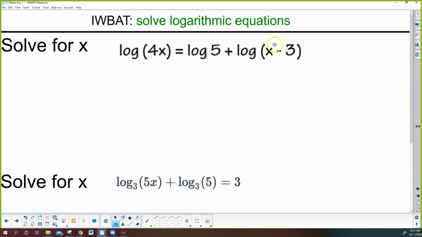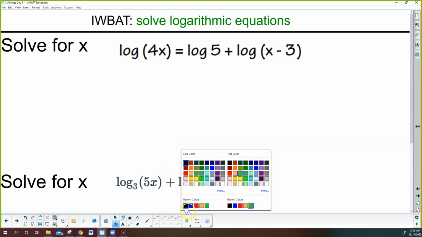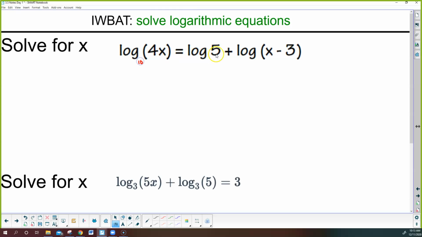So notice what's going on here. We got a lot of stuff going on, right? I've got three different log functions. One of the first things I want you to be aware of is that they all have the exact same base. You cannot combine log pieces together if they don't have the same base.